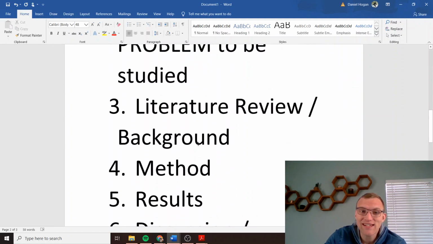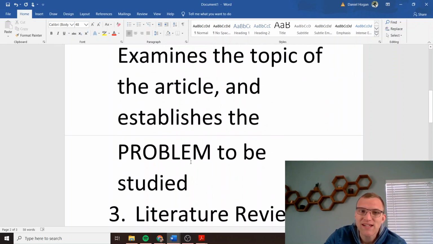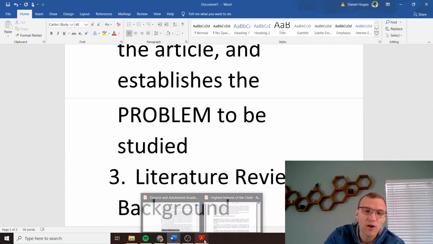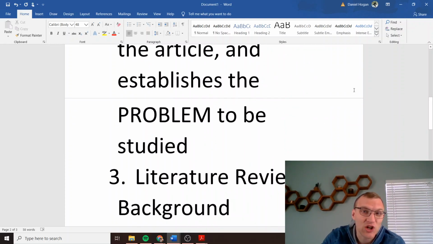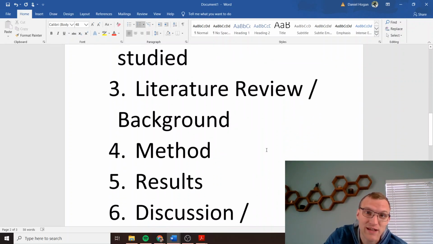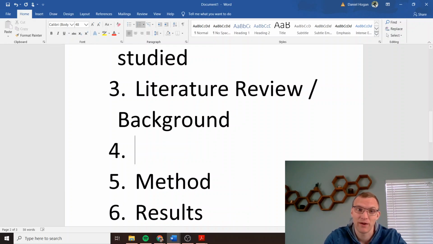Now, the next section is the literature review or background. Sometimes that's kind of combined with the introduction, but this is where the researchers will say, hey, look, we did a lot of research on this topic. And they bring in essentially everything relevant that people have already written about on the topic.